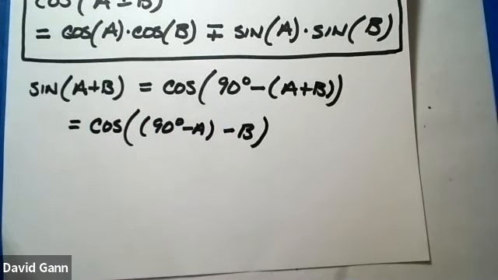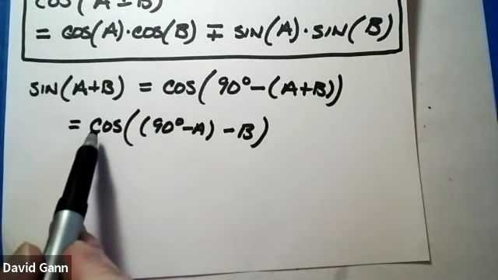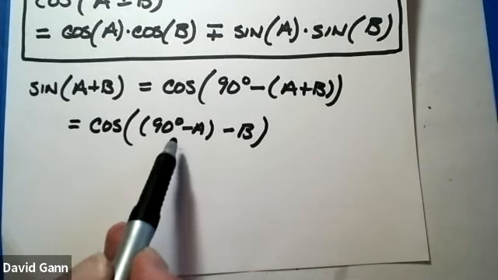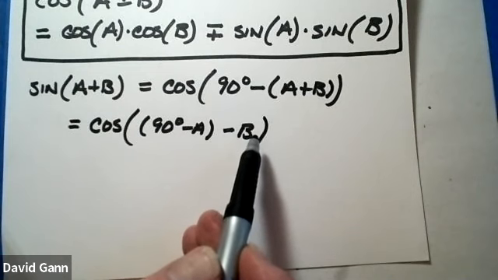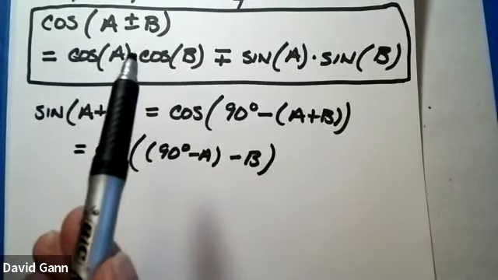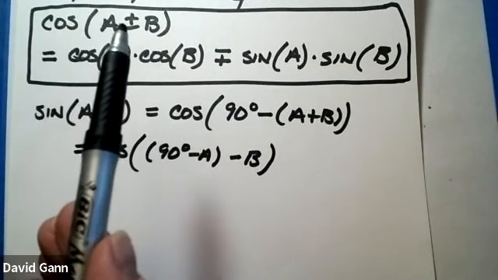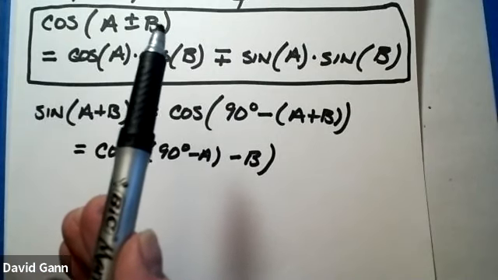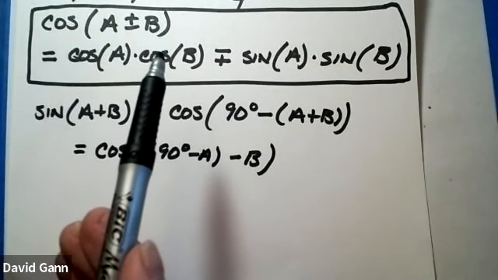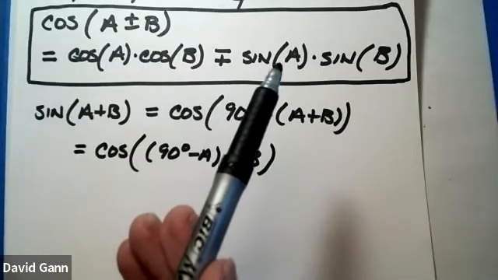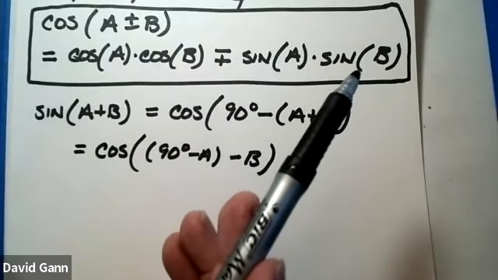That seems like I didn't do anything all that spectacular, but notice now this is cosine of some angle minus some other angle. And we have a formula for that. It's sitting right there, right? So first angle minus second angle is going to be cosine of the first thing times cosine of the second thing plus sine of the first thing times sine of the second thing.